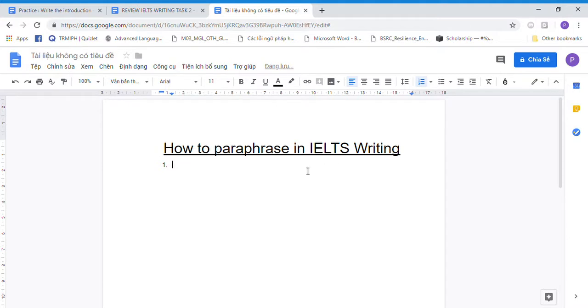The easiest way is to use synonyms, and the second way is to change the part of speech.